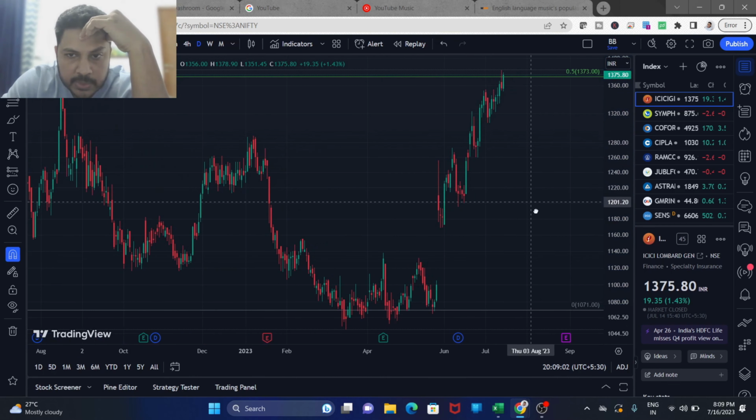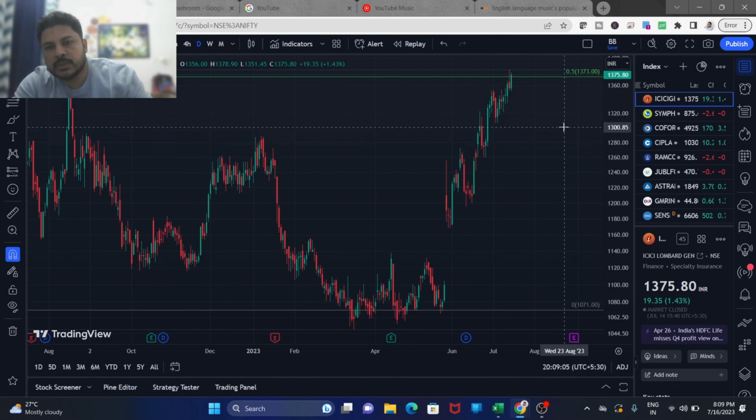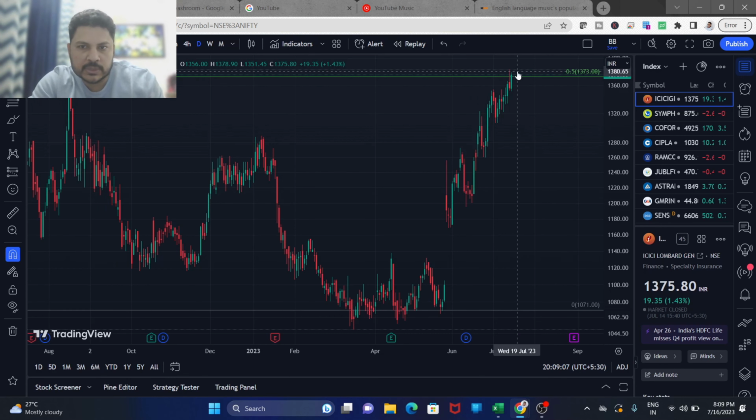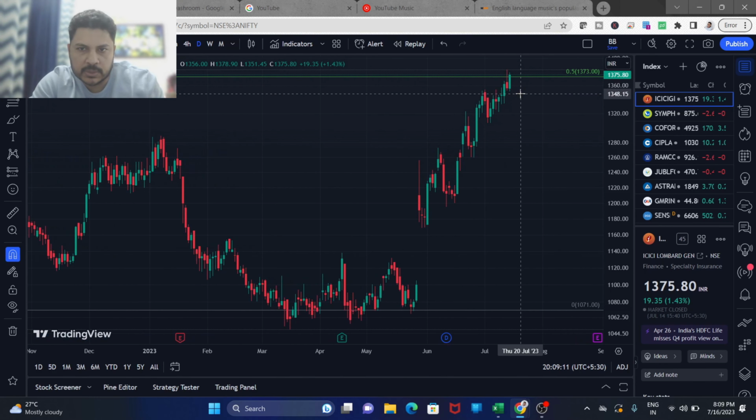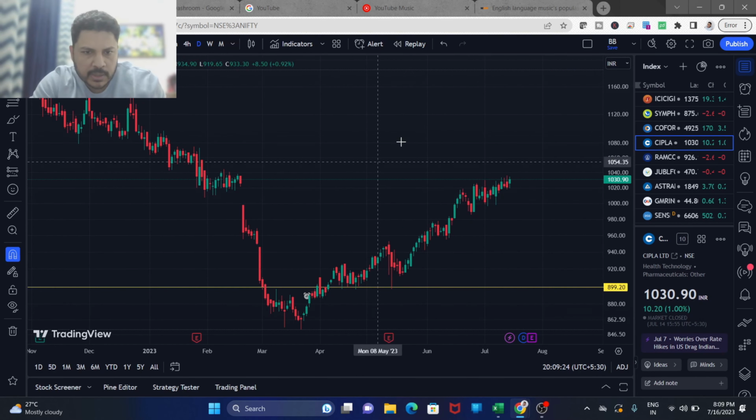So this is a golden opportunity for you to actually short this stock. If you see a candle closing below this daily candle, so we need one bearish bar on this, then you can definitely short. Your target will be the bottom side. So like this, you can look at any stock and analyze.